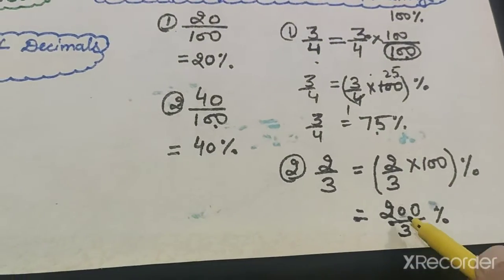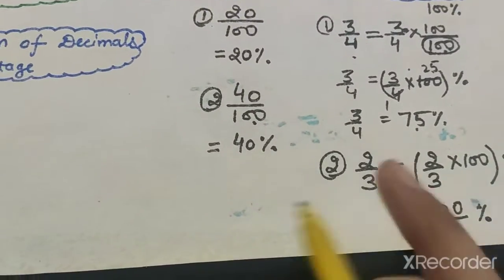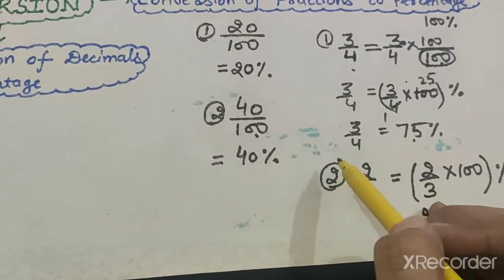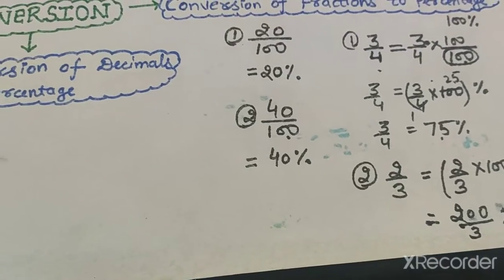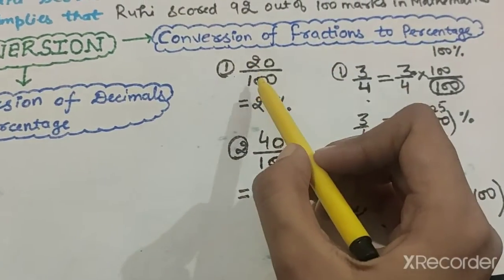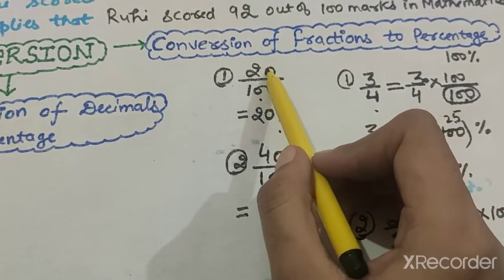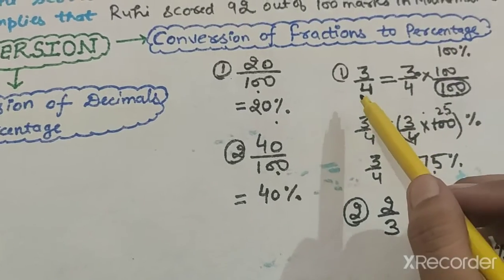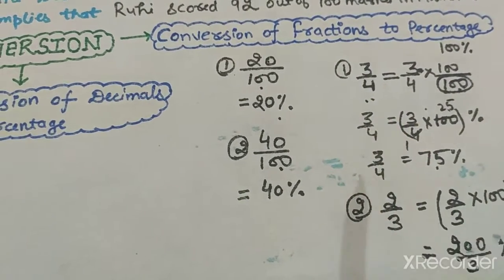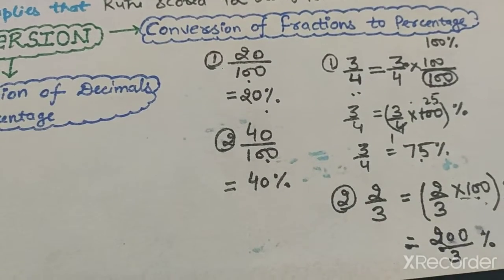Now if you want to convert this into a mixed number, you can. Otherwise we have converted the 2 by 3 fraction into the percentage. So the rule is simple. When the denominator of the fraction is 100, just write down the percentage sign with the numerator. When the denominator is other than 100, just multiply the fraction with 100 and write down the percentage sign.